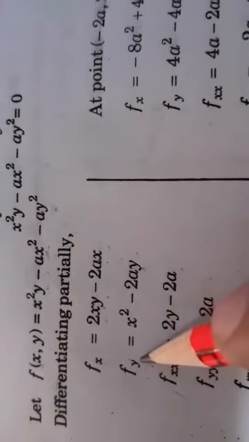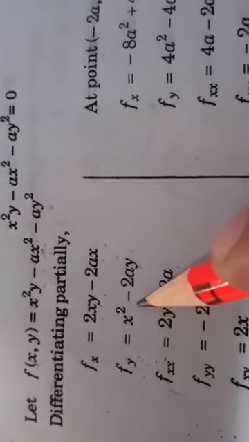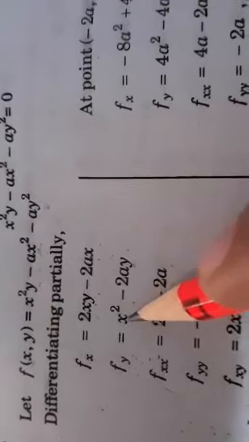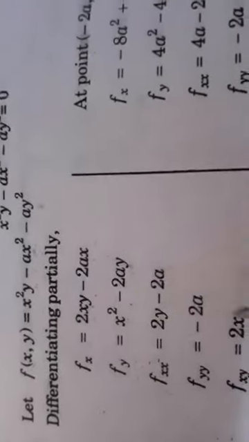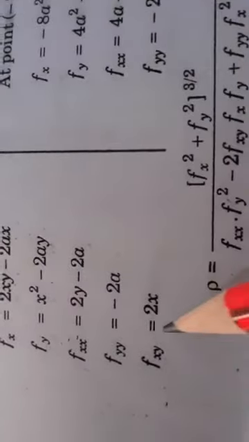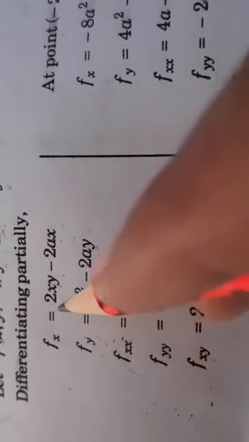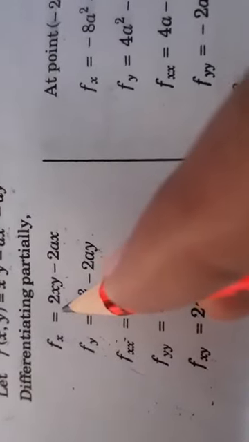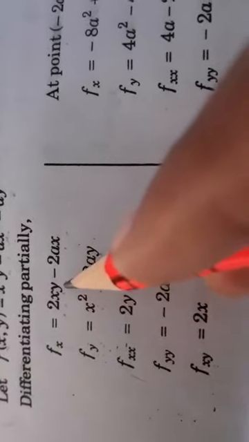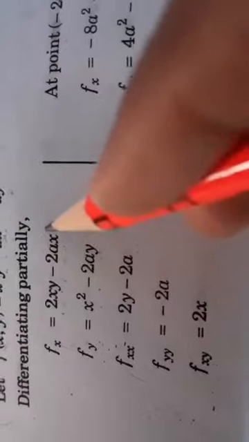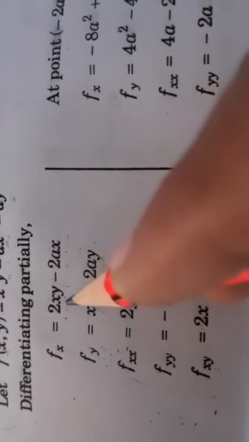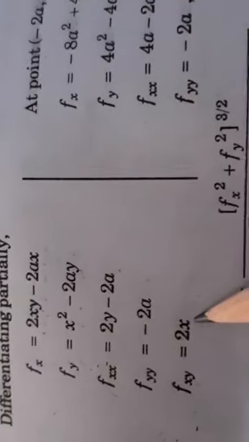For the double derivative of y, differentiate this equation partially with respect to y: derivative of this term becomes 0 and derivative of this term becomes −2a. Similarly fxy means derivative of this term with respect to y. If we differentiate this with respect to y, this term becomes constant, derivative of this term becomes 0 and derivative of this becomes 2x.